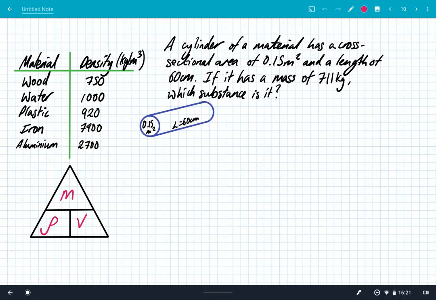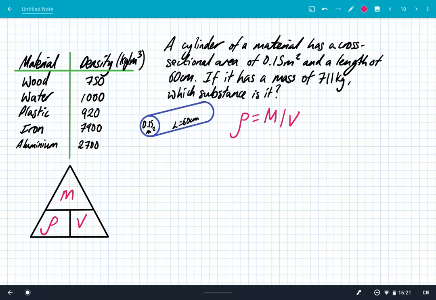Last one. We've got a cylinder of material which has a cross-sectional area of 0.15 meters squared. And this cylinder has a length of 60 centimeters. If it has a mass of 711 kilograms, which substance is it? So the way we can identify the substance is by calculating the density, because the density is specific to the material. So density is mass divided by volume.